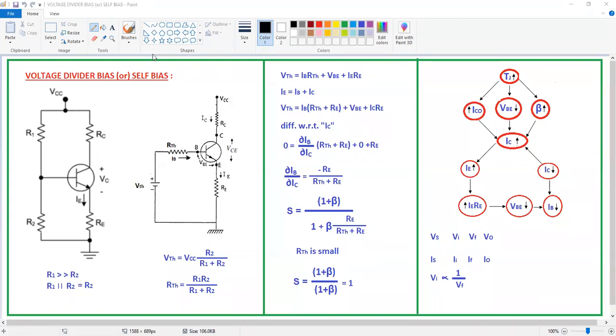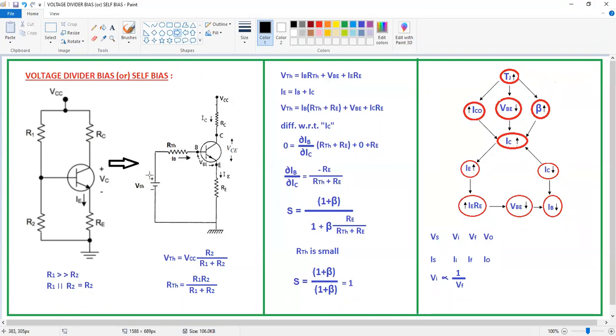Okay. Now we are going to convert this circuit into the Thevenin's equivalent circuit like this. What is the Thevenin's equivalent circuit? After converting, the Thevenin's voltage is connected in series with the resistor, and across the open circuit terminals we connect the remaining circuit. This remaining part is the RC, transistor and RE.